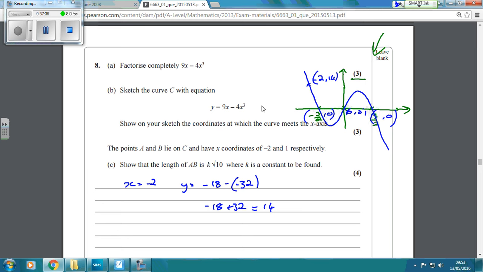And then we've got to substitute 1 in there. So x equals 1, and y equals 9 take away 4 lots of 1 cubed, so that's going to be 9 take away 4. So y equals 5. So 1, 5. And then what we've got to do is find out this length here.